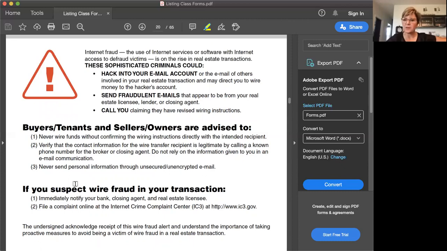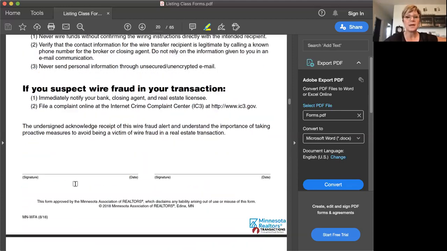Most of the time, if a lender would ever ask that information, it's probably going to be in an encrypted email, and they will call you first and let you know that they're sending this email. There's a lot of wire fraud out there. So this is just telling you, be very careful and do not give personal information via email. Okay, and we have them sign it.